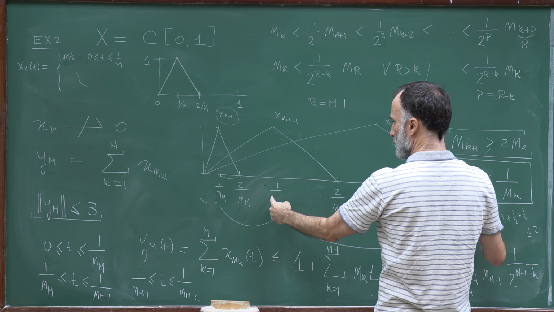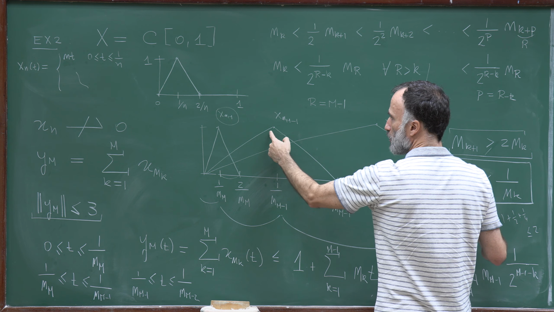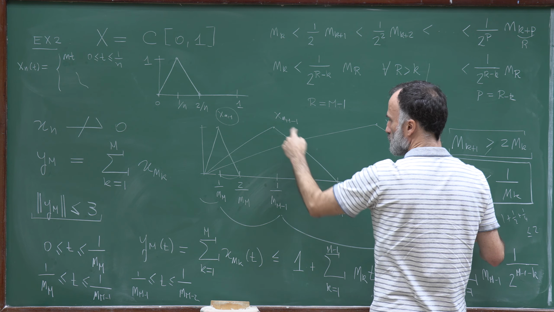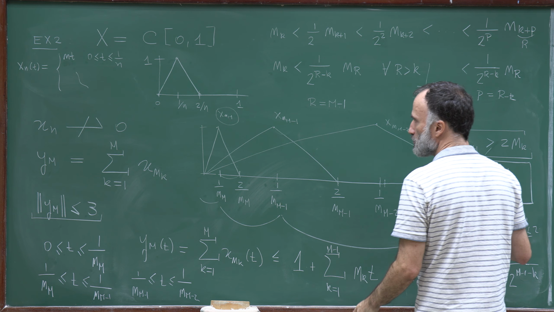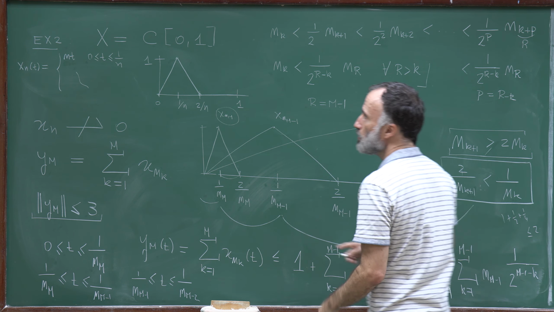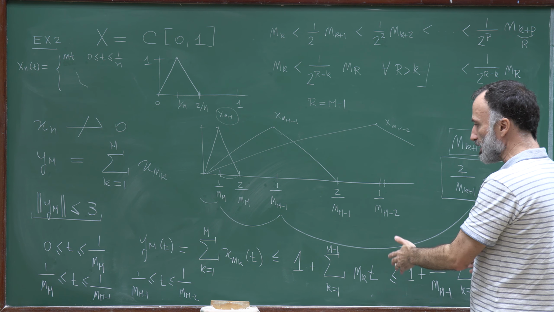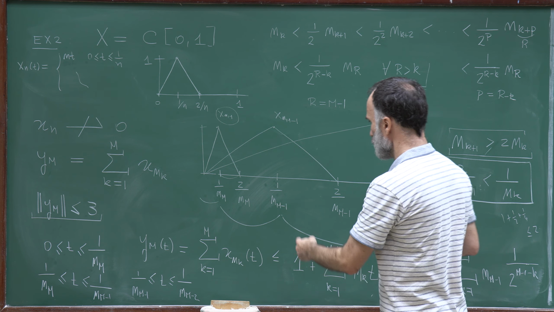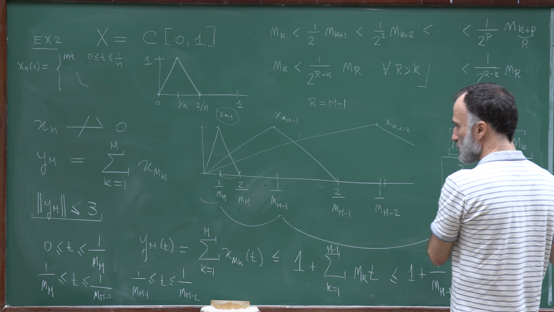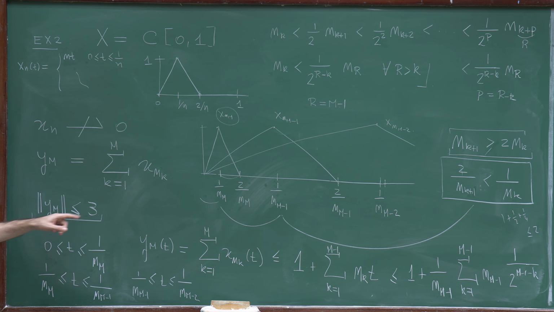On this interval, all functions are increasing, but the first one. So for the first one you can repeat the previous argument and just bound it by 1, and all the other ones use this definition in order to estimate. And you can repeat that for all indices, for all intervals up to the last one, and always get that y_m is bounded by 3.